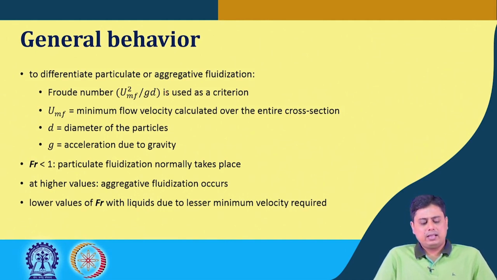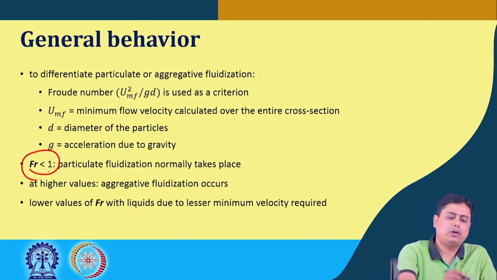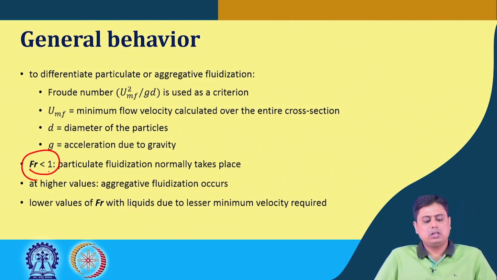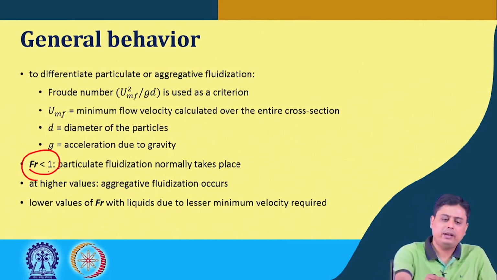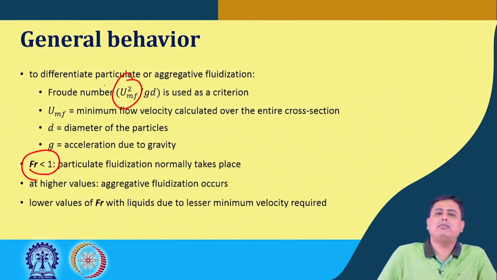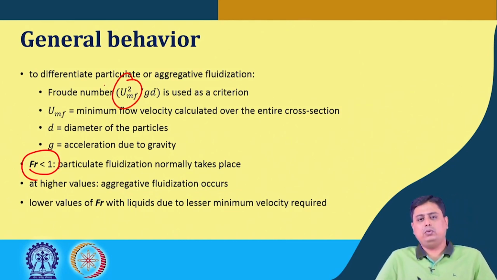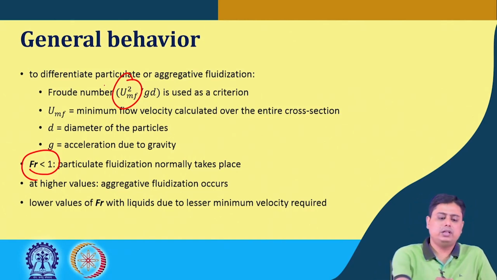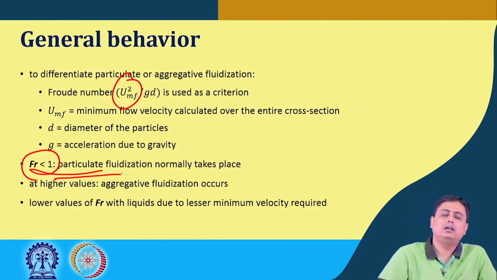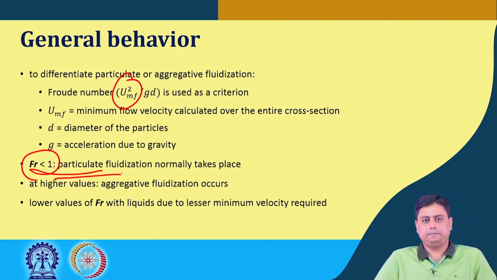And now you can understand the rationale behind this Froude number less than 1, because in the case of liquid, as we require this UMF at a lesser value, this condition is typically satisfied in the liquid phase very quickly.